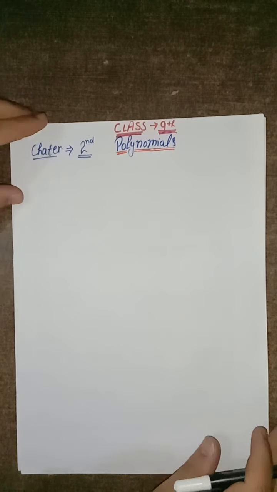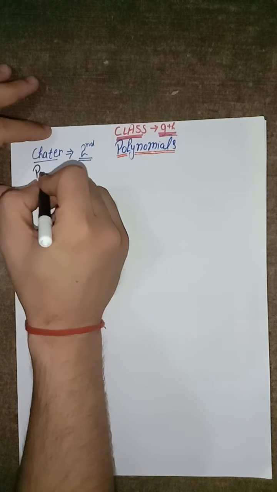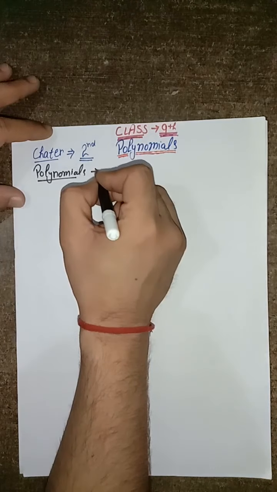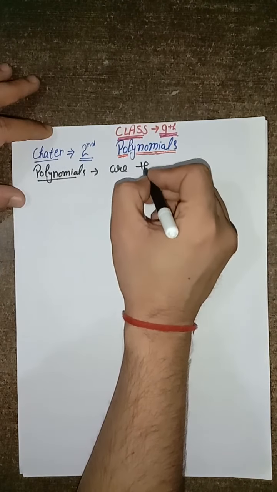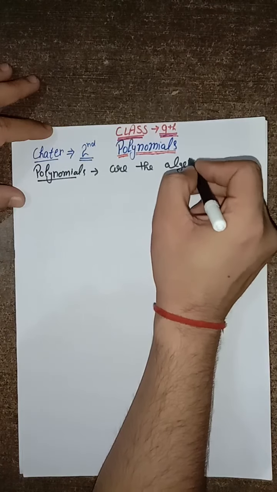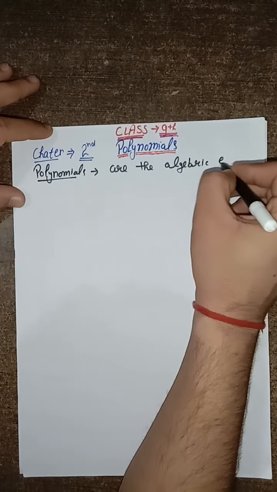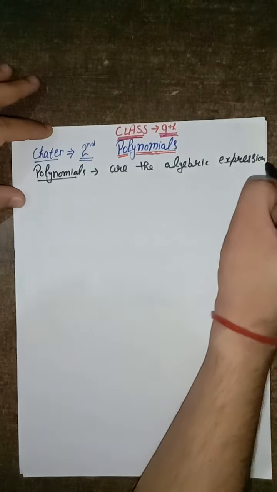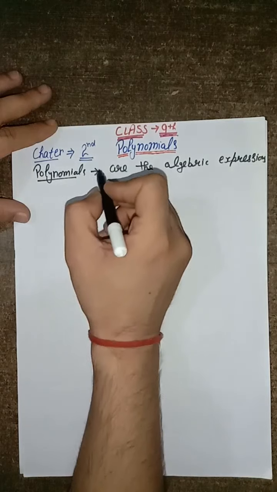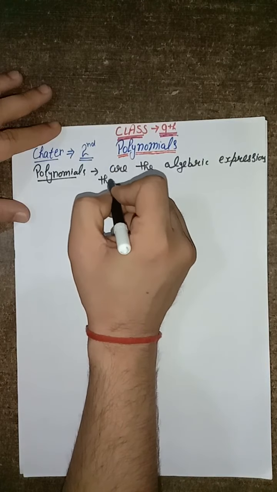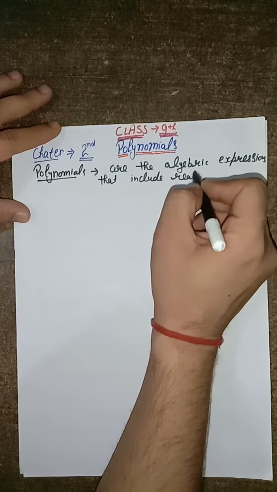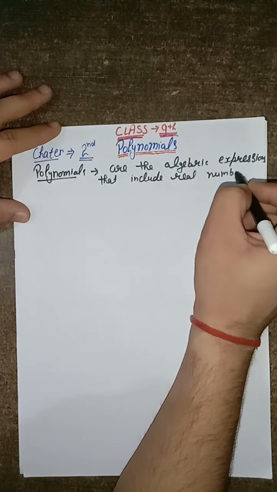So polynomials are algebraic expressions that include real numbers and variables.